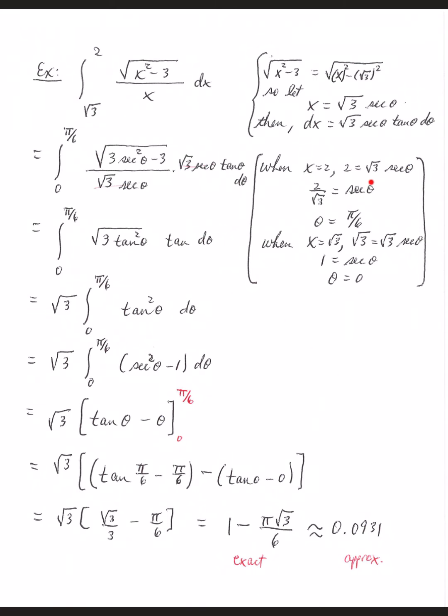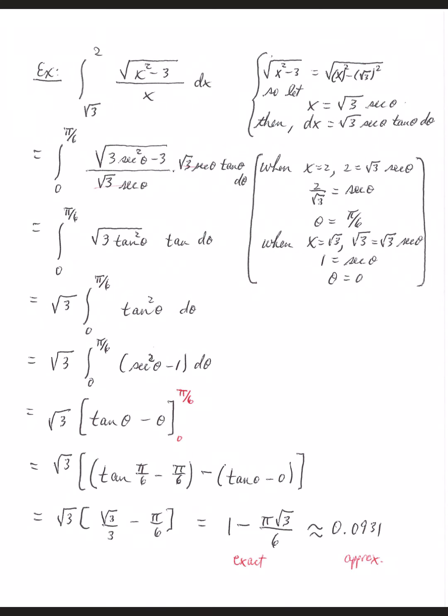Solving for your trig function, that's 2 over the square root of 3. Remember, secant is cosine flipped over, so the cosine of square root of 3 over 2 is pi over 6. That's the appropriate angle.